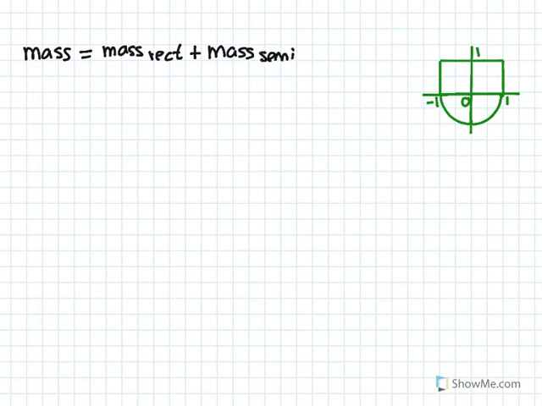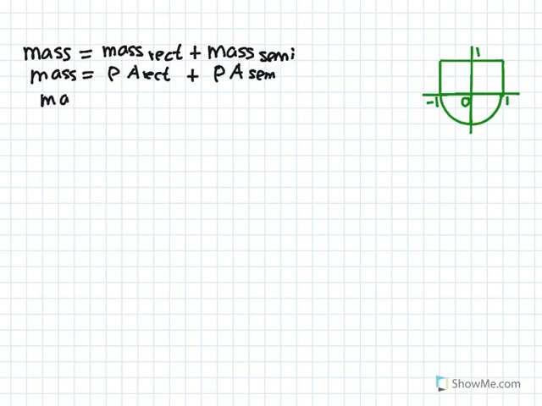All right, now let's find the mass. So the total mass is going to be the mass of the rectangle plus the mass of the semicircle. So mass is equal to density times area of rectangle plus density times the area of the semicircle.